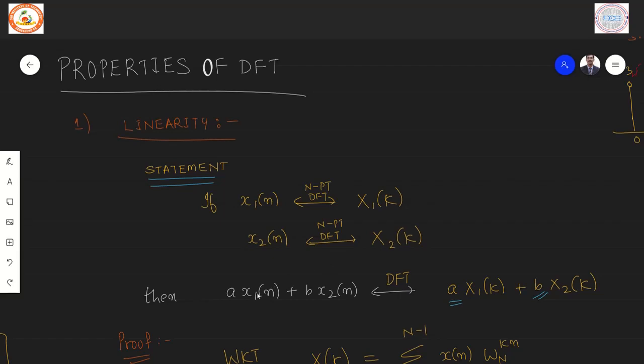Then the sequence which is a combination of x1 and x2, with scaled inputs, that is a times x1 of n added with b times x2 of n, will produce the DFT which is a scaled version of the respective DFTs, that is a times X1 of k added with b times X2 of k.